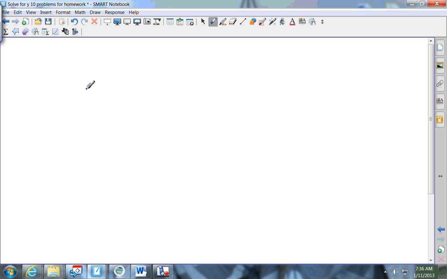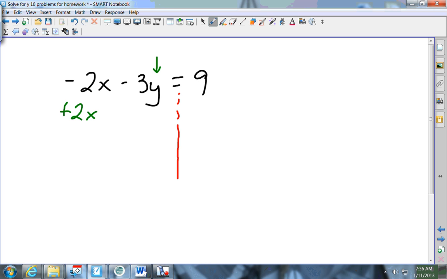Next one, negative 2x minus 3y equals 9. Dash line right here. Let's see. Y needs to be by itself, so I'm going to move the negative 2x. I'm going to add 2x to each side.